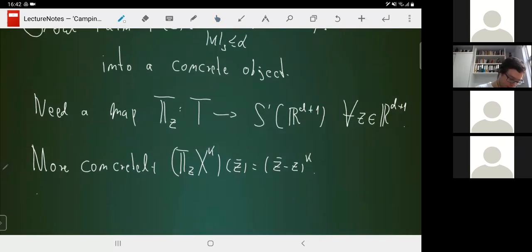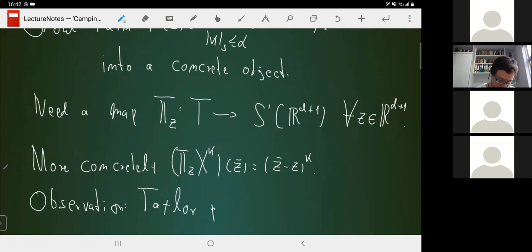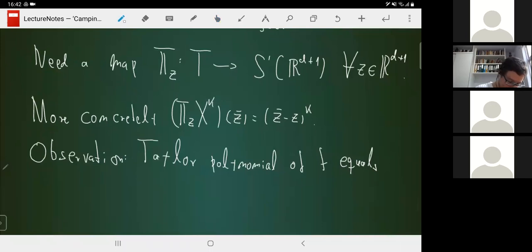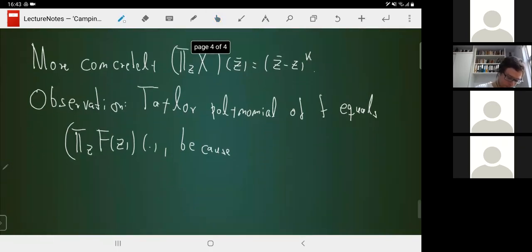And there's an important observation: the Taylor polynomial of f equals pi z of f of z. I can show it to you. Let's say it's evaluated at z bar.